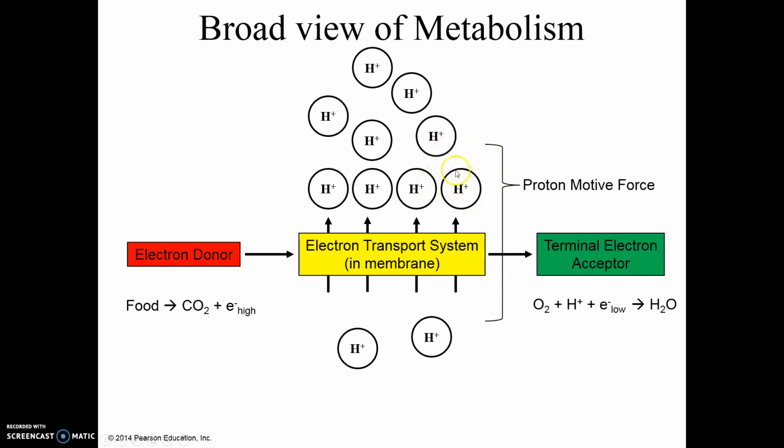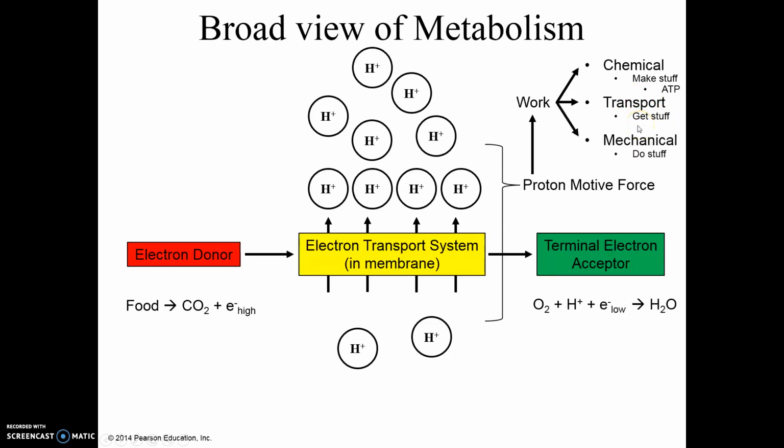We can harvest that inherent flow to do work, and that work can be of a chemical nature, such as making stuff like ATP. We can use that work to do things like transport stuff that was outside of the cell inside of the cell. And we can also use it to do mechanical stuff.